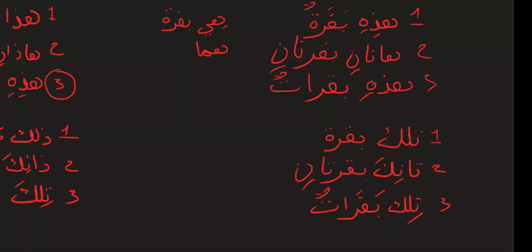And then هما بقرتان. And how do you say they are cows? We would still say هي بقرات because it's non-intellect. So that's it.